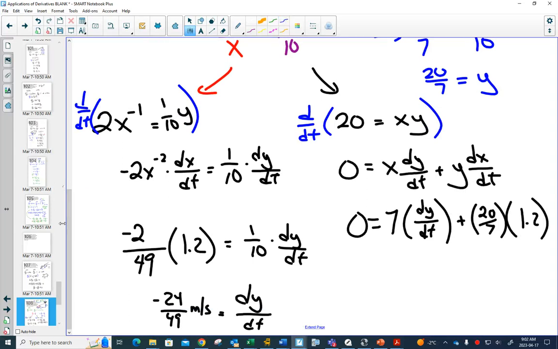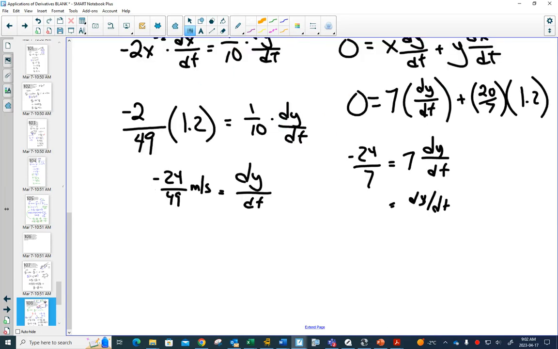If I move that over, I would get negative 24 over 7 equals 7 dy/dt. Divide both sides by 7, and we do get exactly the same answer.